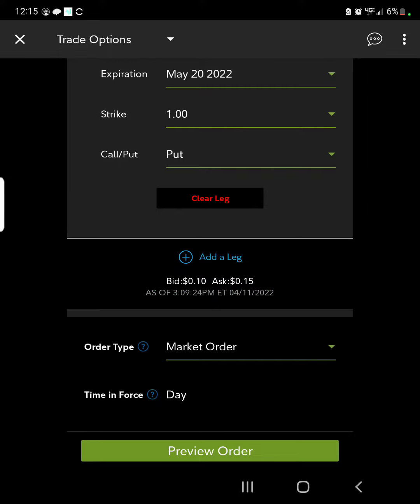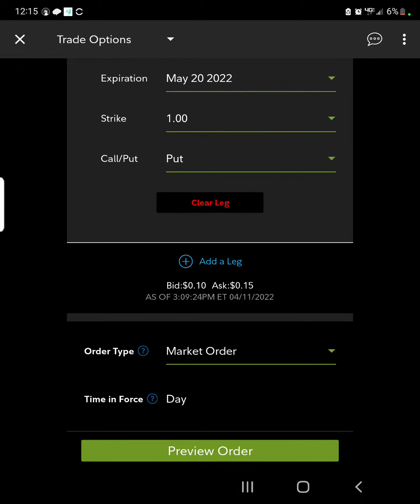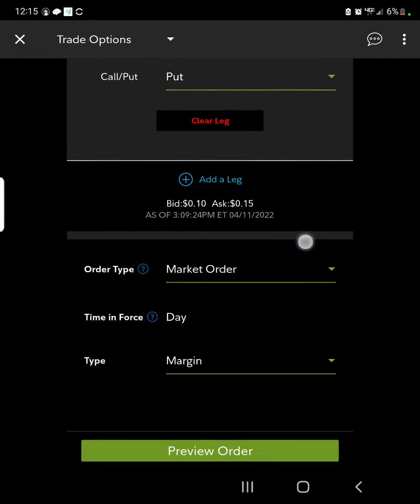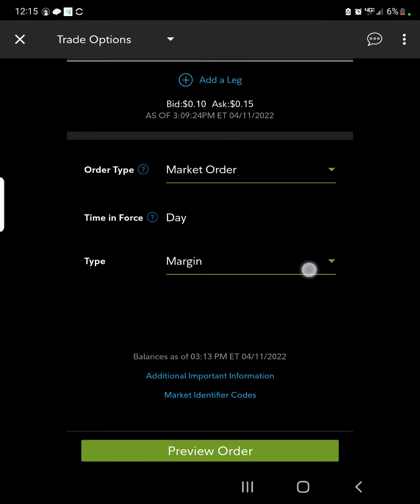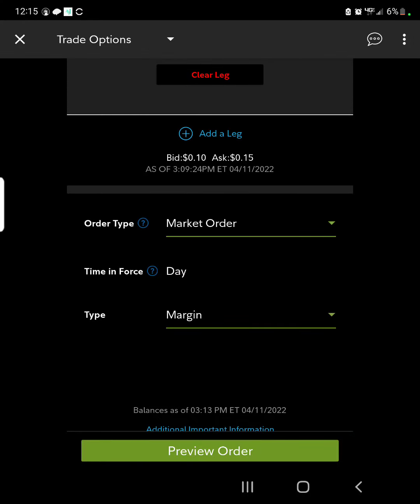If I put this at market and I'm buying to close, then I'll be paying the ask price because I'm buying it to close, which is opposite of selling to open, right? If you're paying attention from earlier. So what I'll do is I'll leave it at the ask of 15, so that way it executes. I'm probably going to lose, what, $6-7.